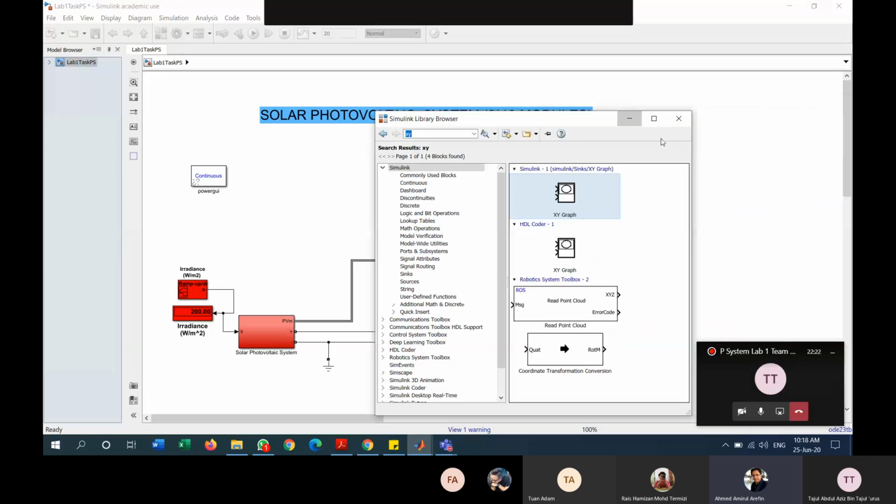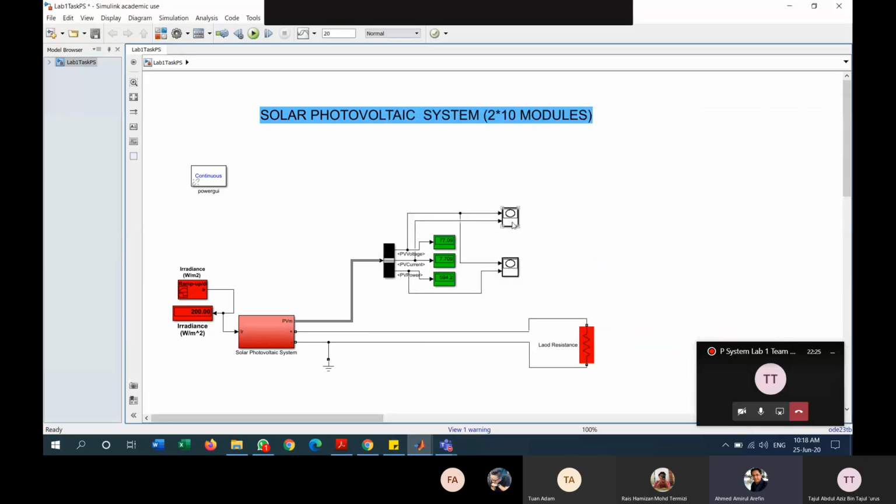Another thing you have to do is set some intermediate values here, otherwise you can't see any curves.